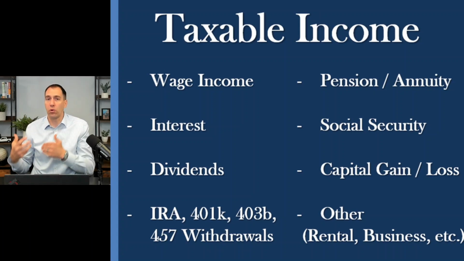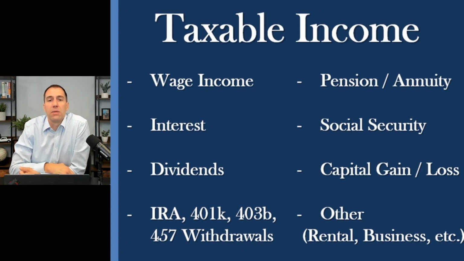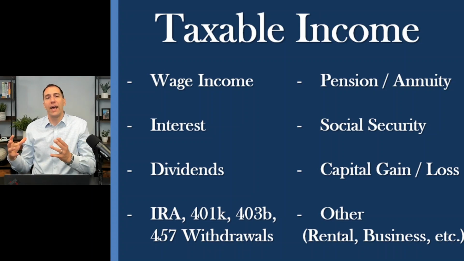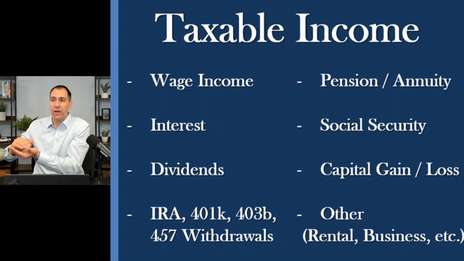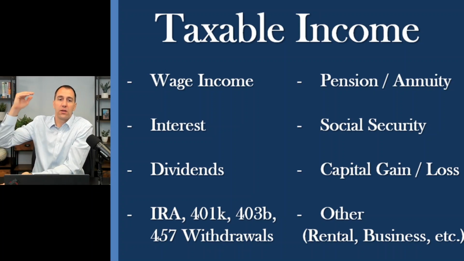Social Security, a portion of that could add into your taxable income. Capital gains and losses, and then maybe rental income that you have coming in from real estate, or business income that you have coming in. All of these add into your taxable income. The more taxable income that you have, the higher your tax rate goes.